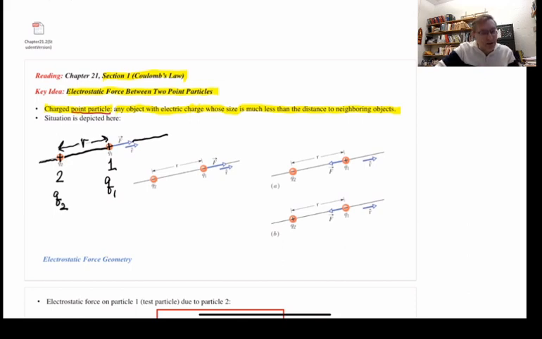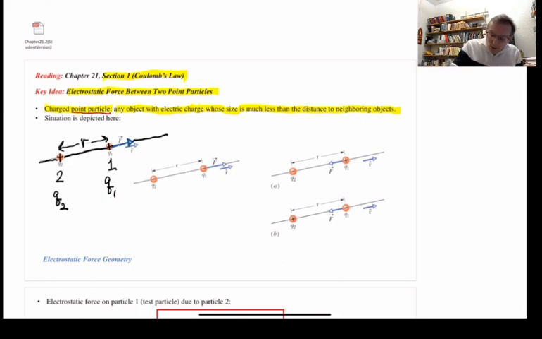We're going to always put the force vectors anchored on the particle they're acting on. So we're going to draw this force arrow with its anchor, its tail, on particle 1. And since it's a repulsive force, this force will be away from 2 along this joining line. So it will be this arrow that they've drawn right here.